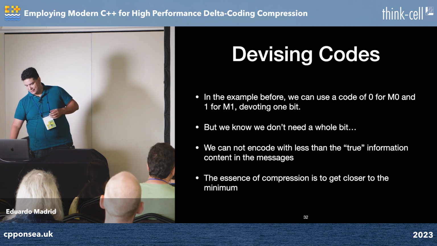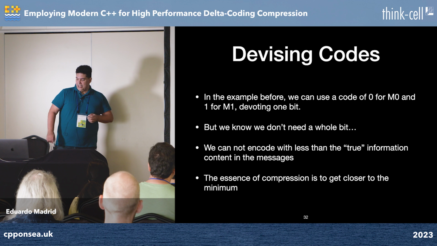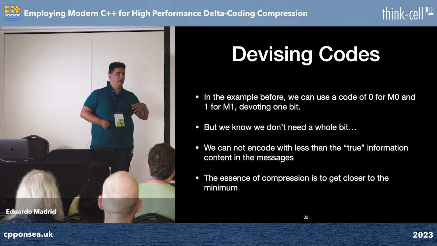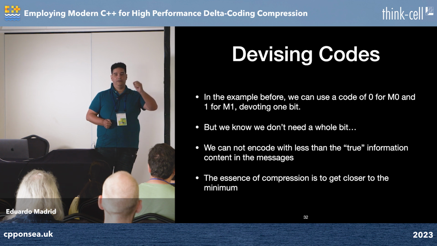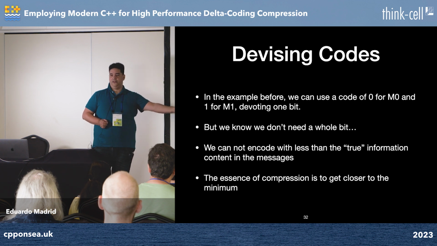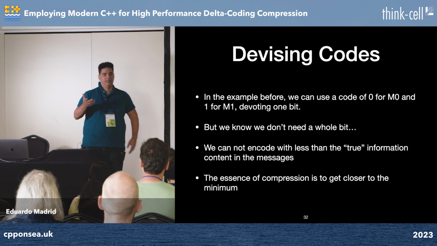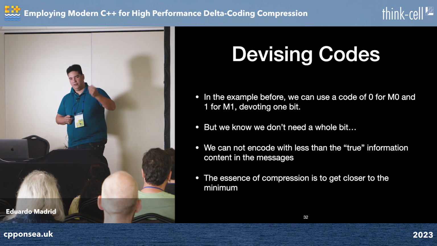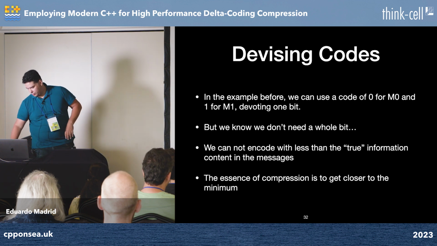In particular, less than a bit. So we can make a very simple coding of saying that we're going to use one binary digit, one bit. 0 would mean that M0 happened, and 1 means that M1 happened. But then we will be using one bit to encode that, right? And we know that we can do better than that.